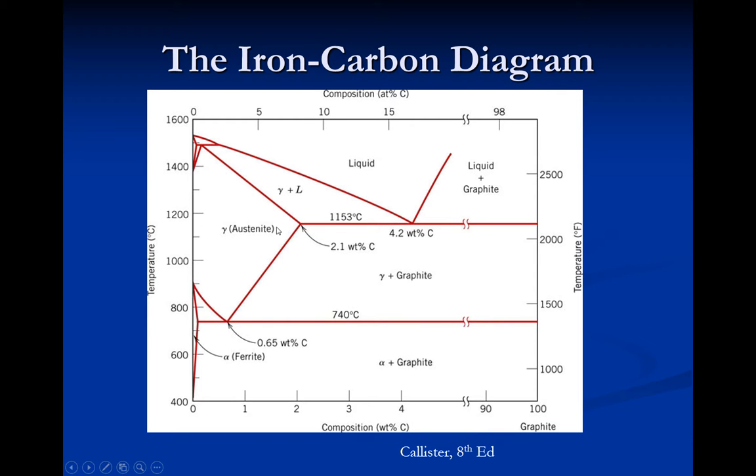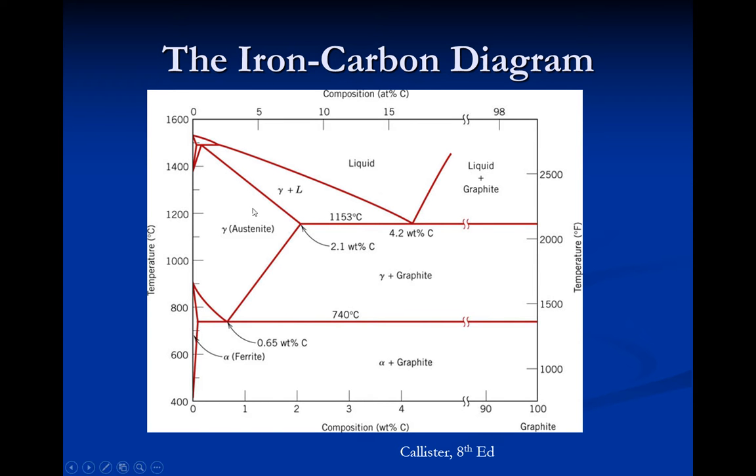Notice you can dissolve up to 2.1% by weight carbon if you're at the right temperature in austenite, so it has high solubility. Ferrite, by contrast, here on the left edge, the alpha region, has very low solubility for carbon, about 0.02 weight% max. And so dramatically different solubilities there.